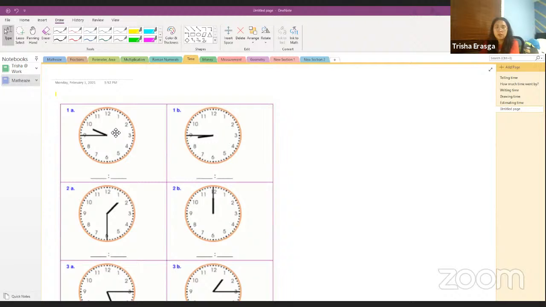Okay, Esther, how about you do 1A and 1B? Or, okay, let's do the first one together first. How you tell time is the smaller hand is for your hours. I'm just going to write it here. And then the big hand is for your minutes.